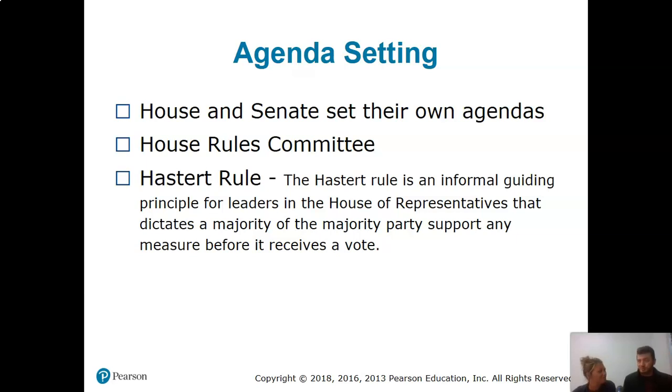So a majority of the majority party has to agree before it even goes to the full floor for a vote. Which is weird. Why would a majority of the majority not support a bill from the majority party? Who knows? I wouldn't be really concerned about knowing the Hastert rule. I would be shocked if that popped up on the AP exam.